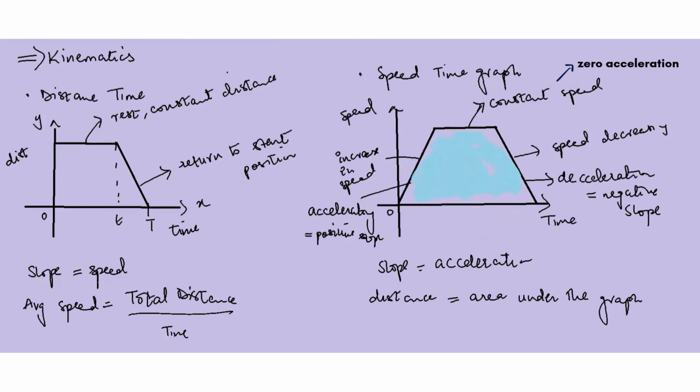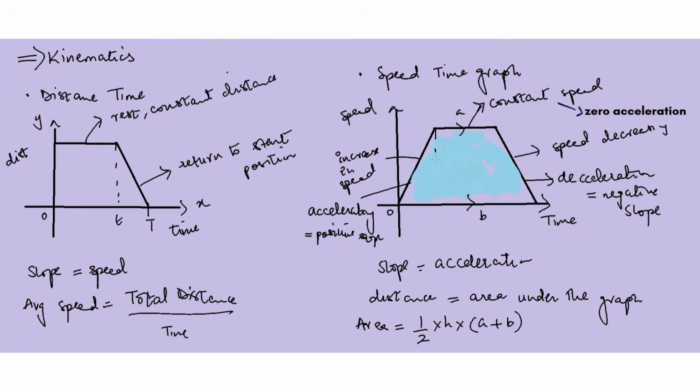For someone who doesn't know the formula, area would be 1/2 times height times sum of parallel sides. A and B are parallel sides, so we can say this is A, this is B, and this vertical height over here is your height. In a speed time graph, we always use the trapezium formula because they give a trapezium in most cases.